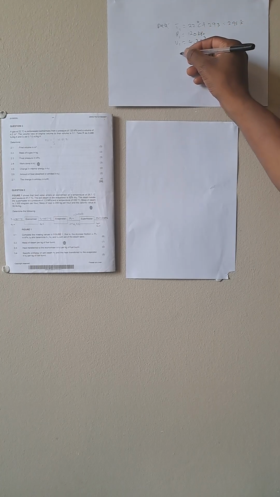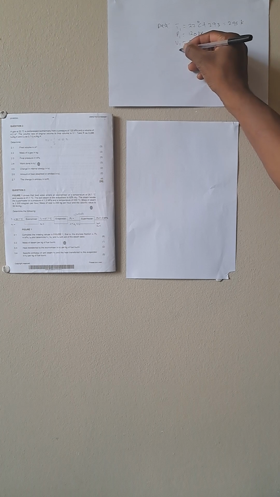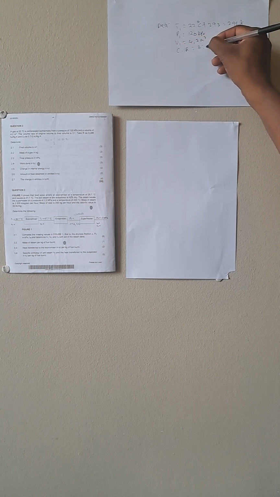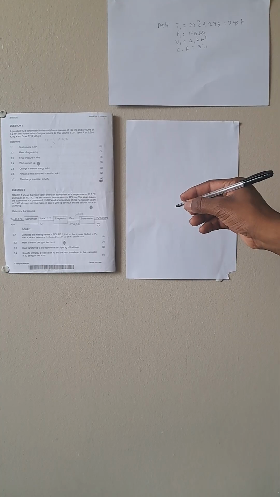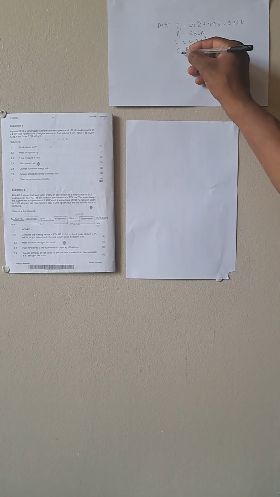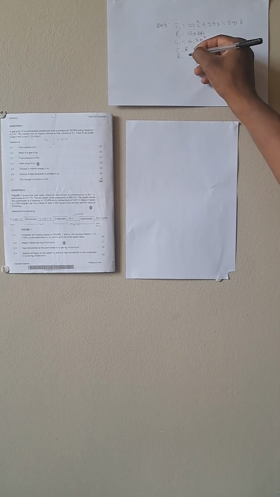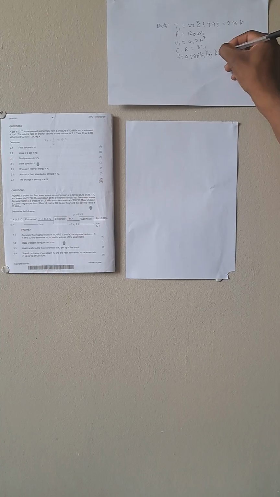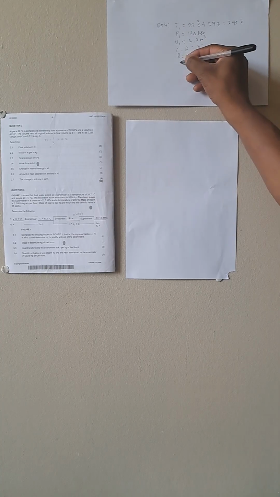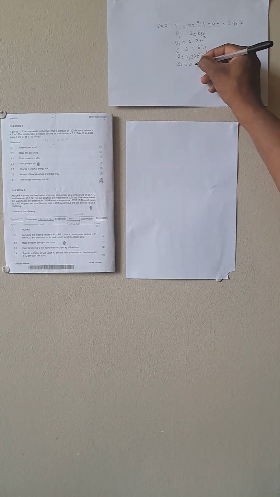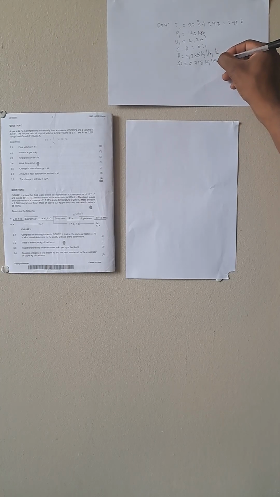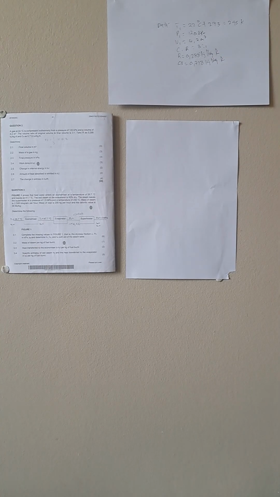Our compression ratio is given as 3:1, our gas constant is 0.288 kilojoules per kg Kelvin, and our CV is 0.718 kilojoules per kg Kelvin.